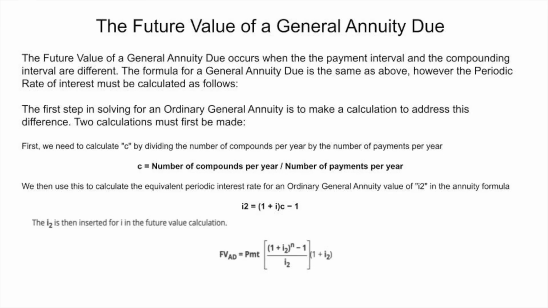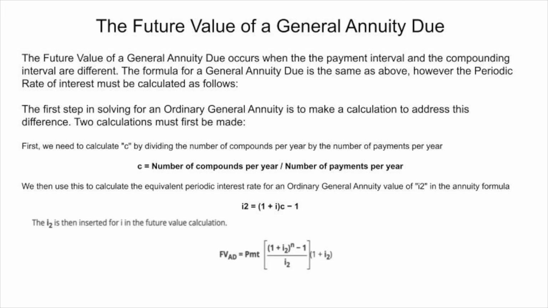As we've seen before, when we looked at general annuities, the calculation is a little more complicated. We first need to calculate or recalculate the interest per period. In order to do that, we need to calculate c, which is the number of compounds per year divided by the number of payments per year, and then we take that c into a formula to calculate i2, which is the revised version of the interest per period, and that's (1 plus i) to the power of c, minus 1.